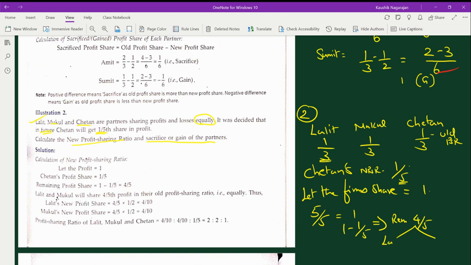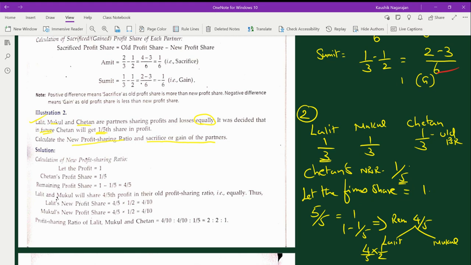So Lalit will get 1 by 2 into 4 by 5, that is half of 4/5. You may wonder how the half has come.